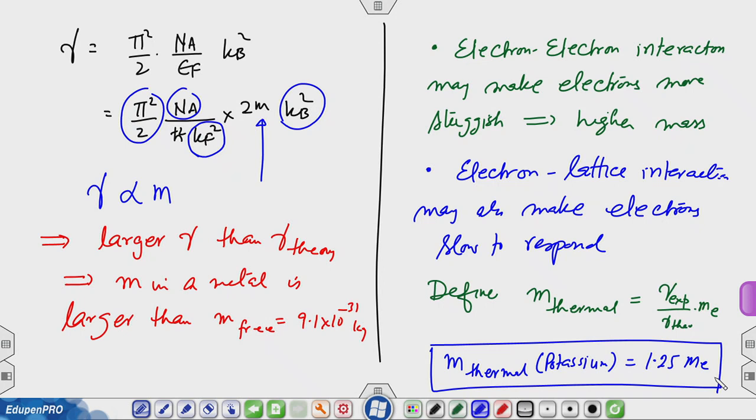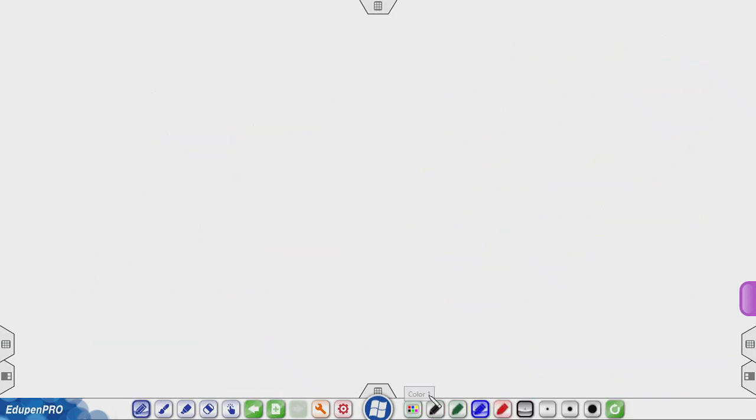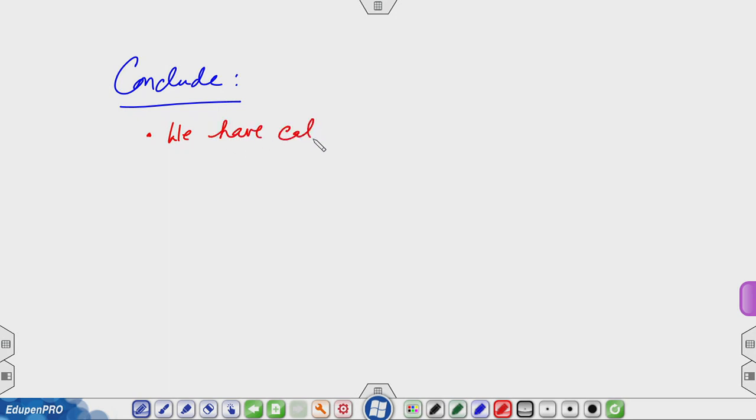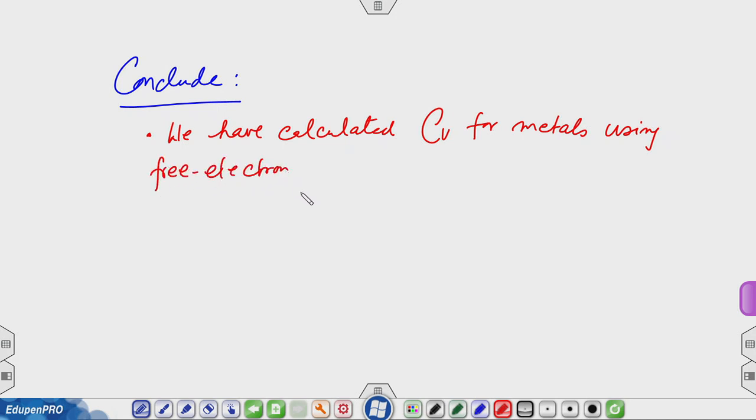Let me now conclude this lecture by stating that we have calculated Cv for metals using free electron model and derived an expression for it.